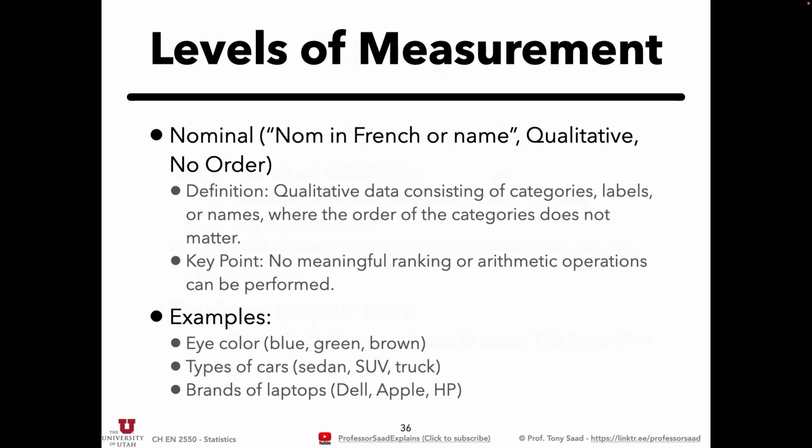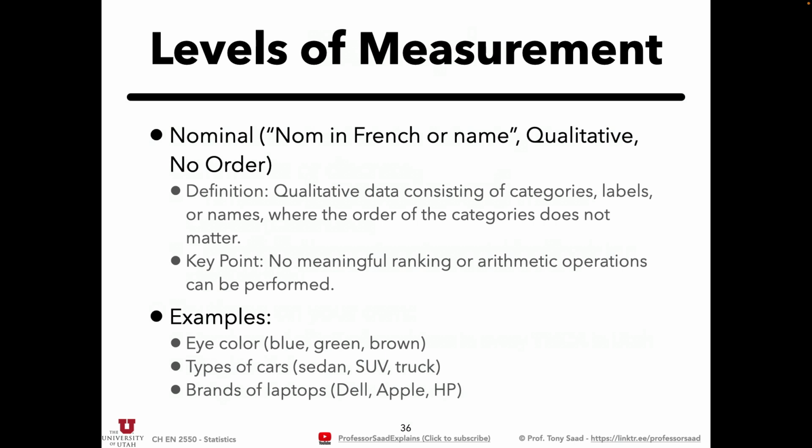So we start with a nominal variable. Now, the word nominal comes from nom in French or nomina in Latin, I think. And it means it's a label. So nominal variables come from the word name, and these are things that you name, like months of the year, right? January, February.